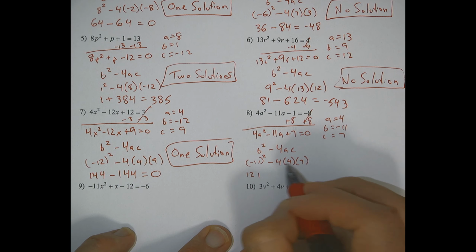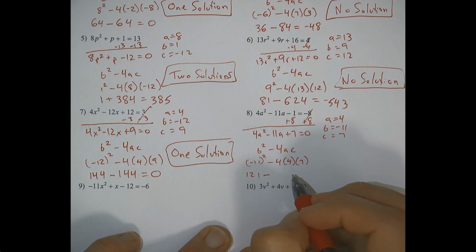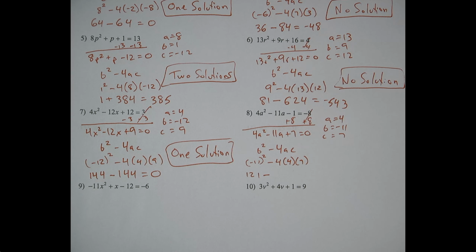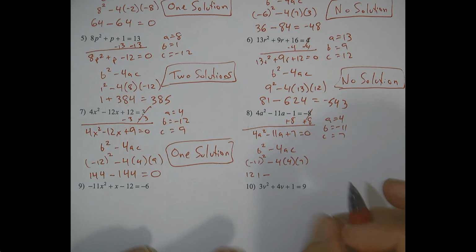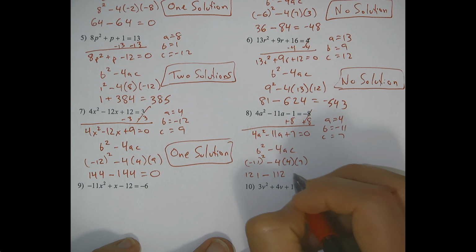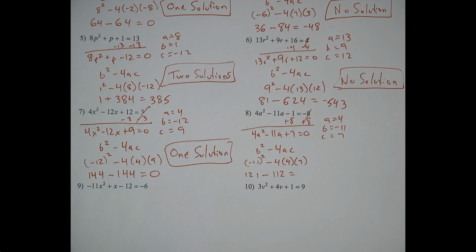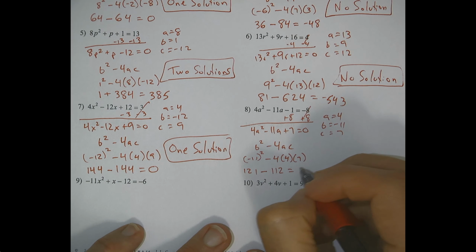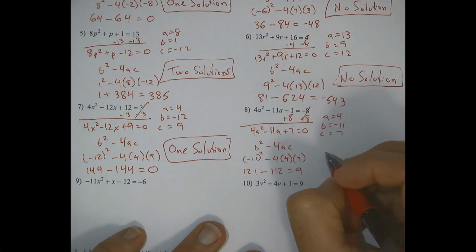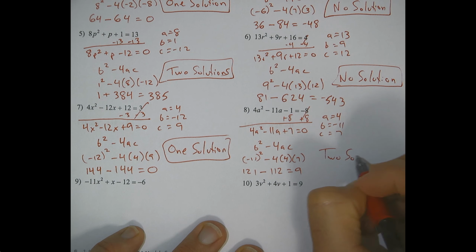So out of these three numbers, I have one negative, which means I'm going to end up with a negative, a minus. 4 times 7 is 112. So 121 minus 112 gives me a positive answer of 9. So that means there are 2 solutions.